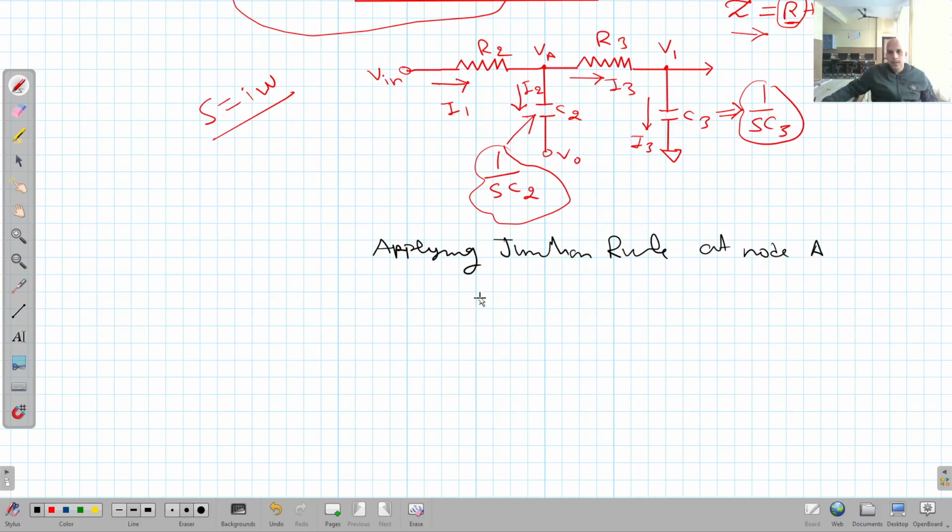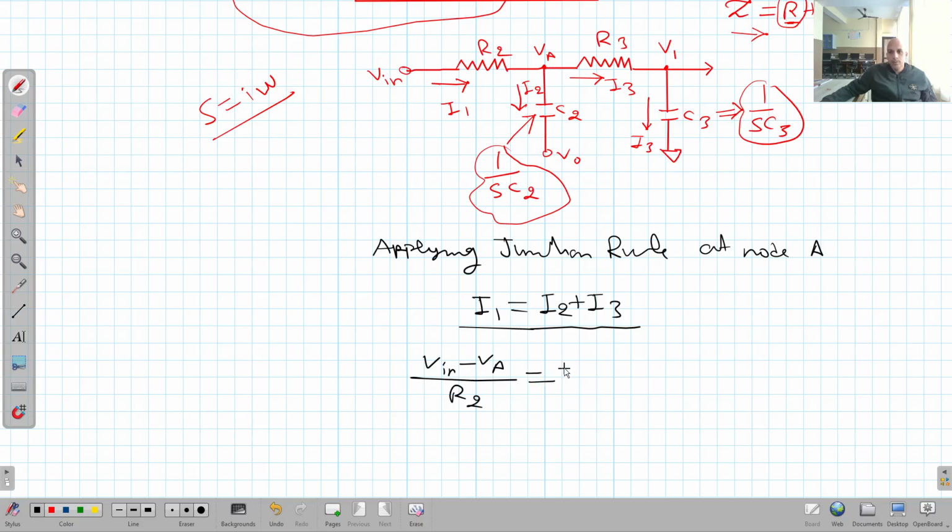What is it? I1 is equal to I2 plus I3. Clear? You can see here at node A. So I1, if I write it in terms of voltage and resistance, then it will become B in minus BA upon R2 is equal to I2.